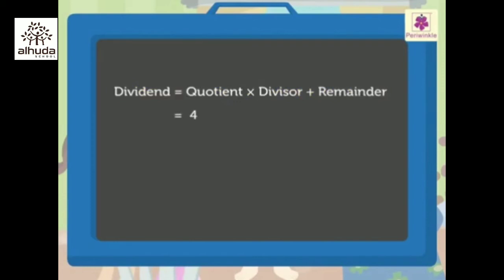That is 48 into 2 plus 1, which is equal to 96 plus 1, which is equal to 97. Isn't that interesting? The answer we get is the dividend itself, that is 97.